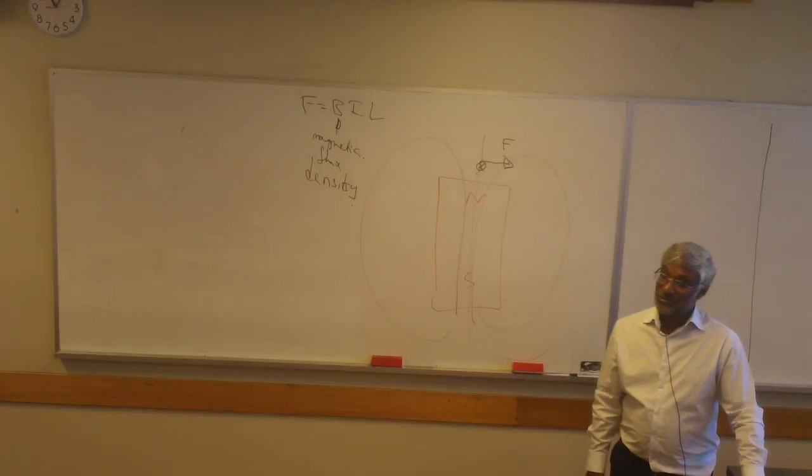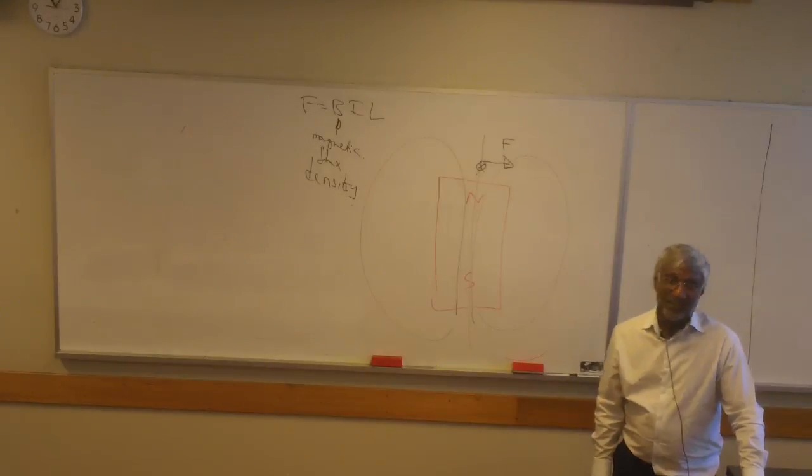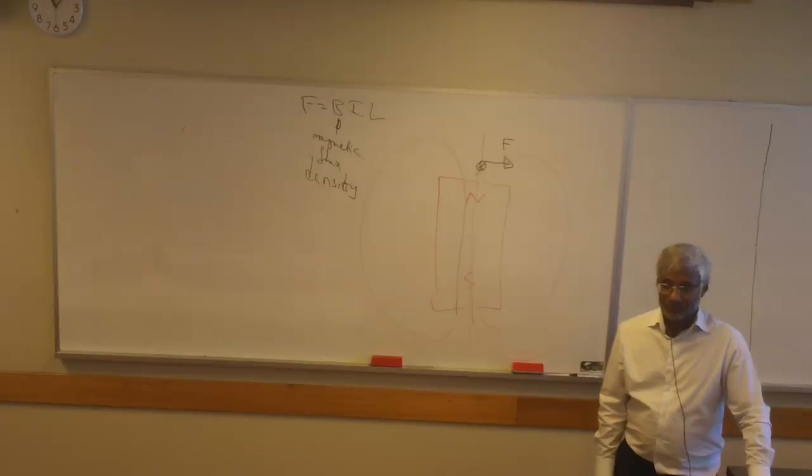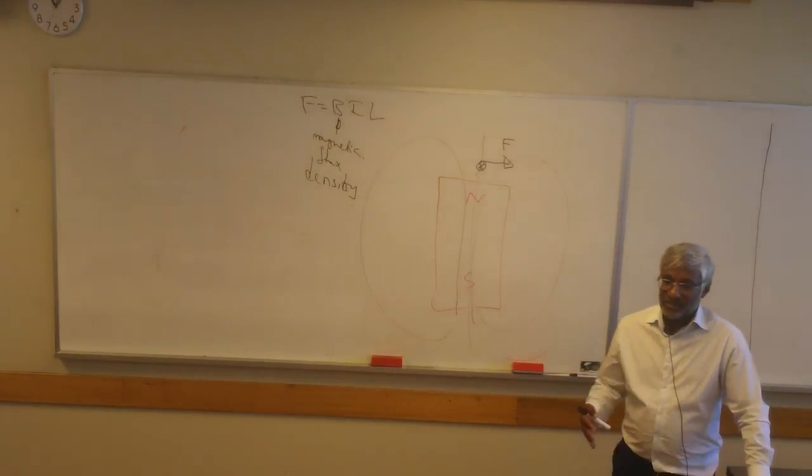So if you're going to use the word flux, please make sure that you understand what you're saying is really, most of the time, amount of flux. It's a certain amount. And that amount can be calculated from flux density. Flux density itself is the intensity of magnetic influence at a particular point.